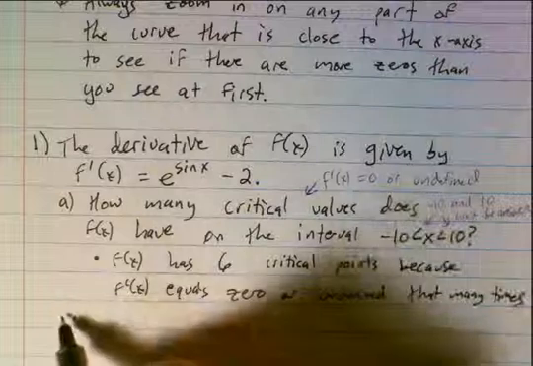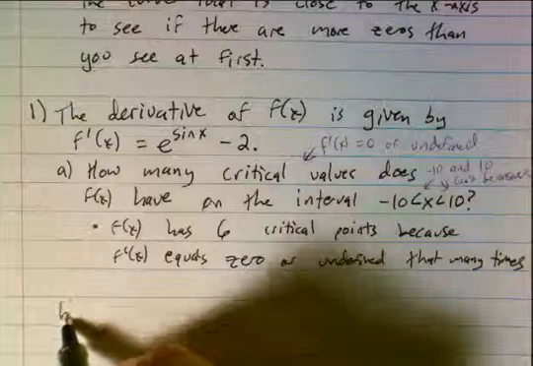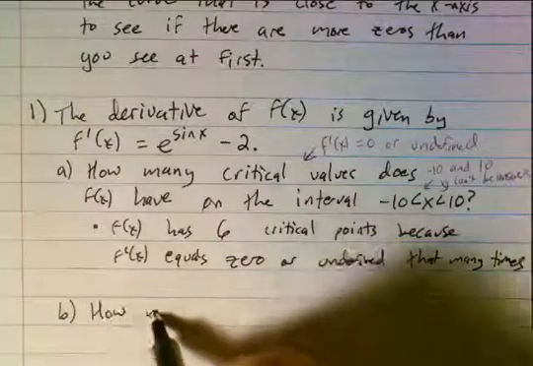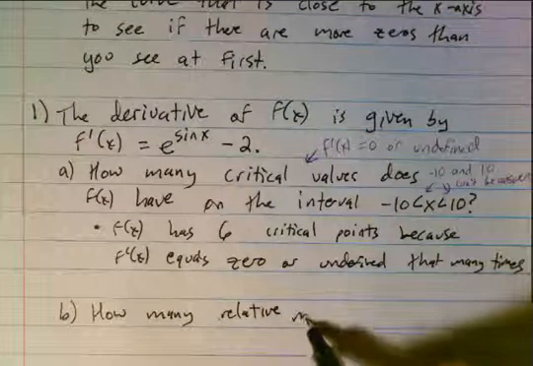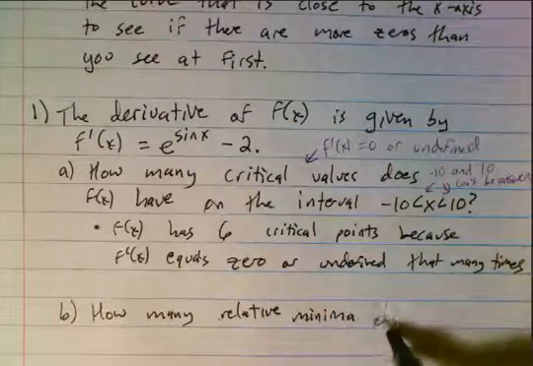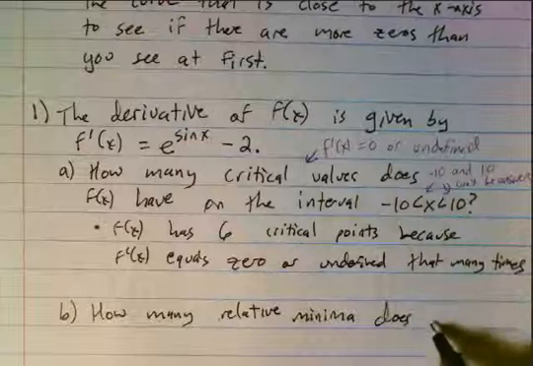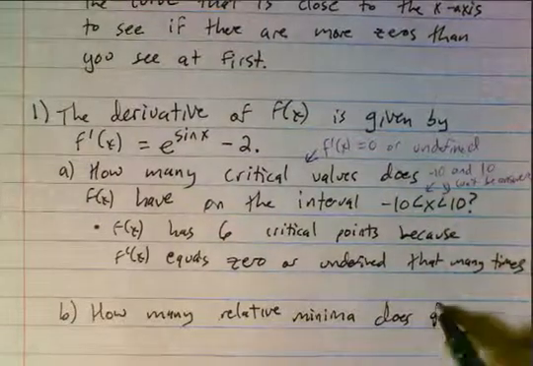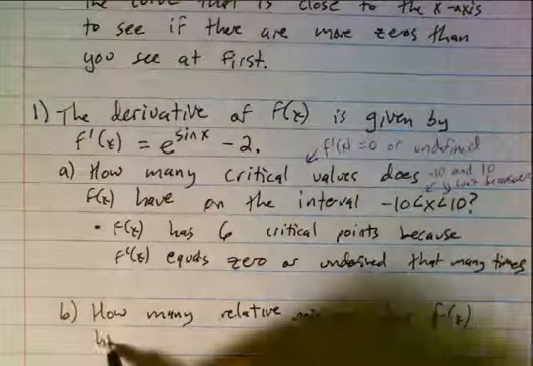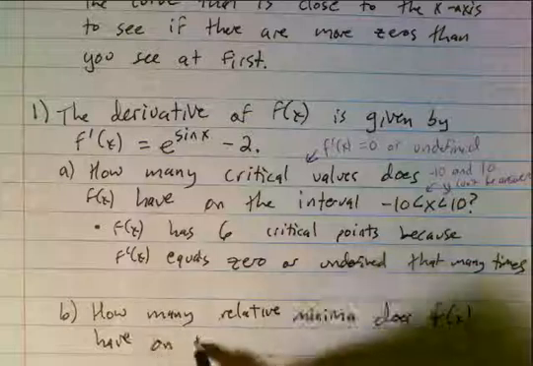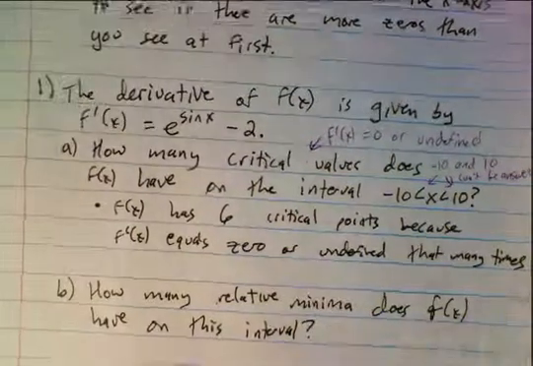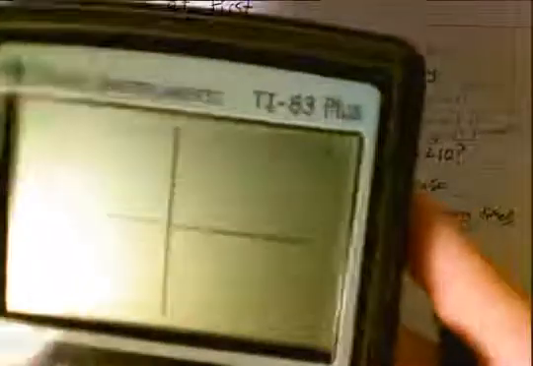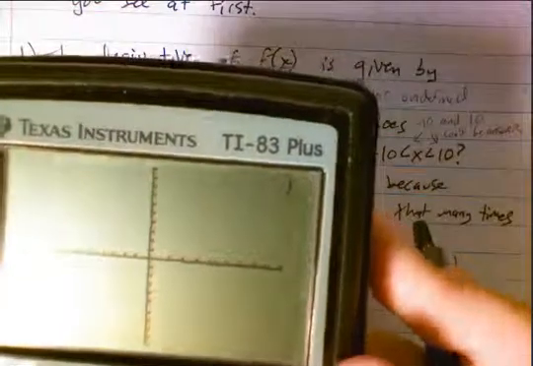Next, we wanted to know how many relative minima. Let's go back. If we hit zoom 6, it takes us back to that original window.